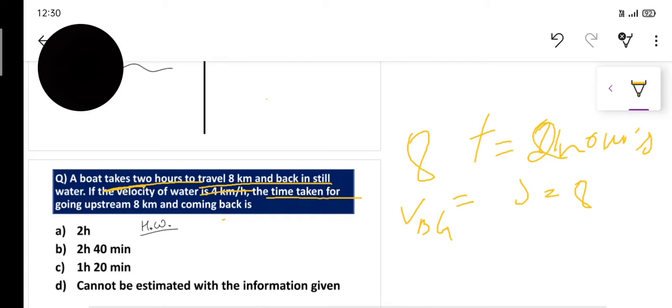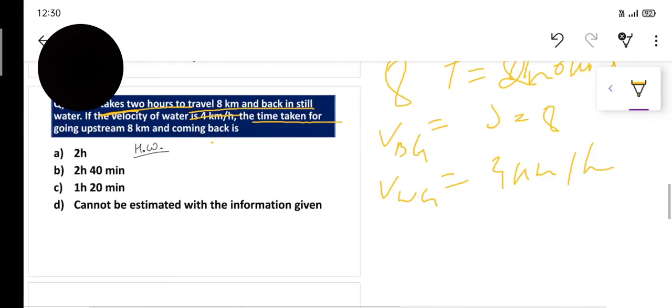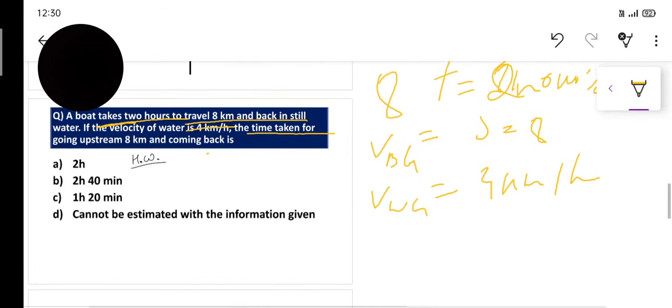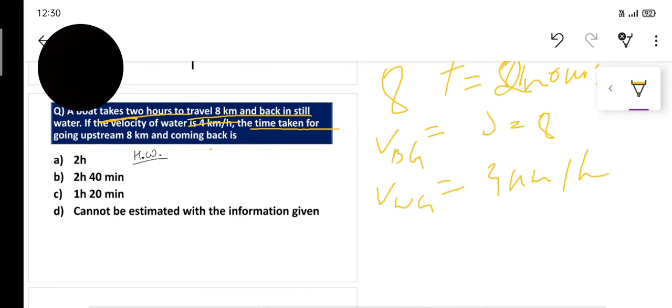Now velocity of water with respect to ground is 4 kilometer per hour. The time taken for going upstream and coming back. Upstream means negative.